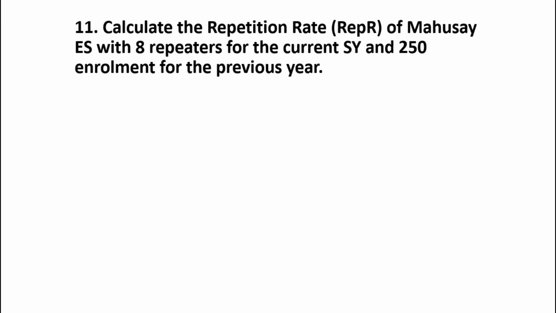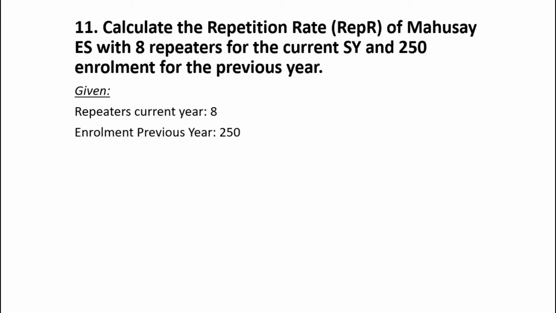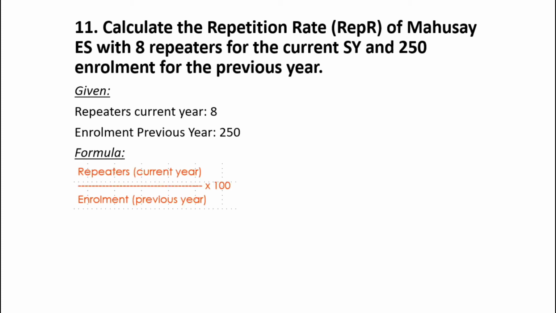Time is up. So let's look for the given repeaters for the current year. Mapapansin ninyo, meron siyang repeater which is 8. Enrollment for the previous year which is 250. So what is the formula? Okay, so repeaters for the current year over enrollment of the previous year.